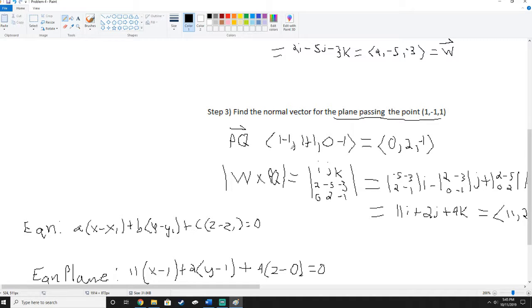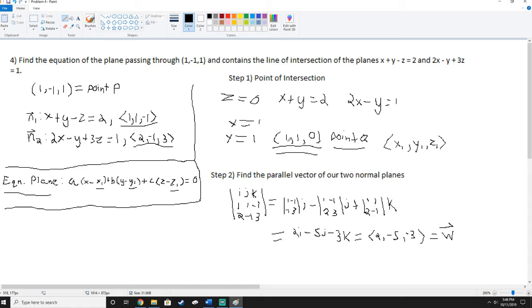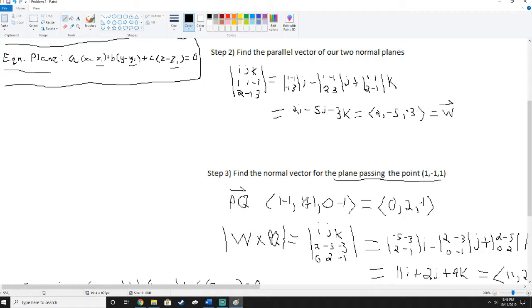So to find vector PQ, we're going to subtract the points for P from Q. So it's going to be, in this case, 1 minus 1, 1 plus 1, and 0 minus 1. And we should come out for vector PQ with the vector coordinates of (0, 2, -1).